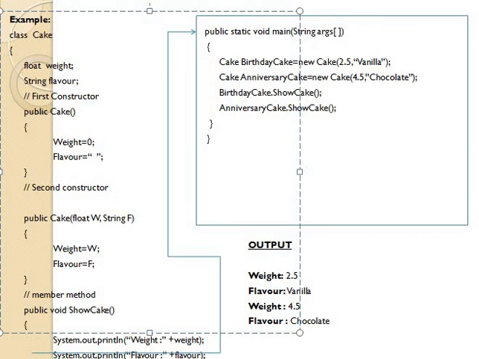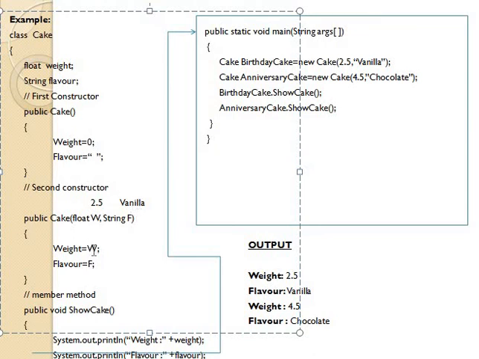Okay, so I just write 2.5 just to make you understand. And the second value, that is the text vanilla, will get copied to the argument f. So now w will have the value 2.5 and f will have the value vanilla.